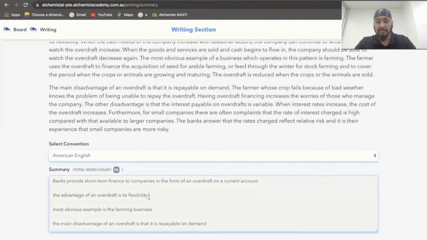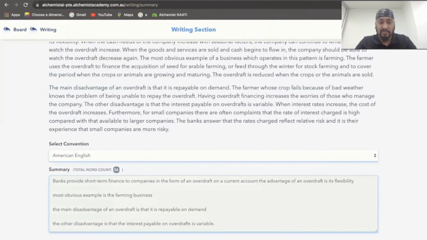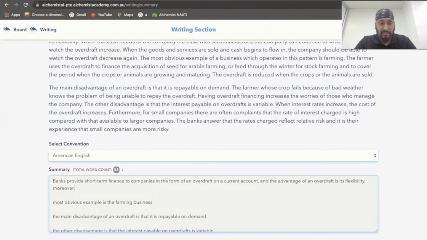Now the main thing over here is I need to combine these sentences. Banks provide short-term finance to companies in the form of an overdraft on a current account, and we will add a comma because this sentence is individual. The advantage of an overdraft is its flexibility, comma, space, moreover.